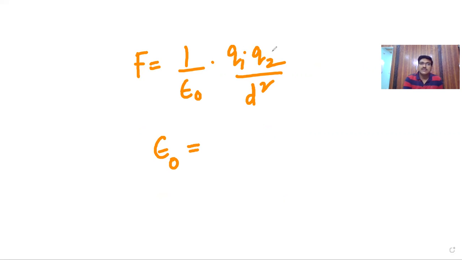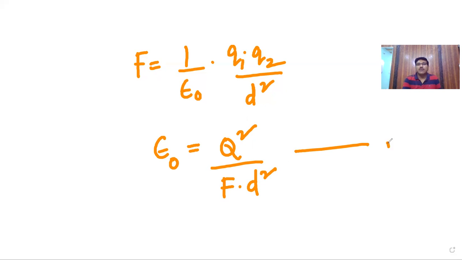This is one charge, this is another charge, so both are charges. If I represent it as Q, it is Q into Q, Q square, by F into d square. So this is the required formula for the permittivity of free space if you do not know directly the dimension formula of it. Clear?